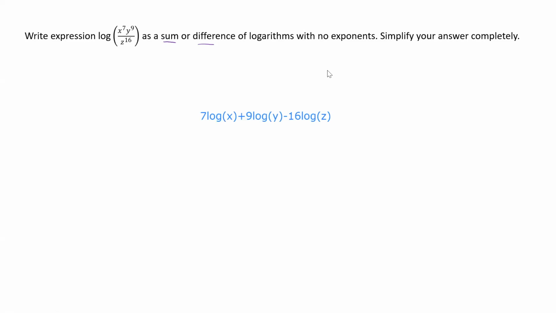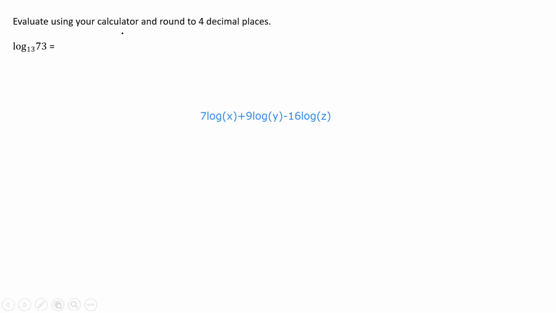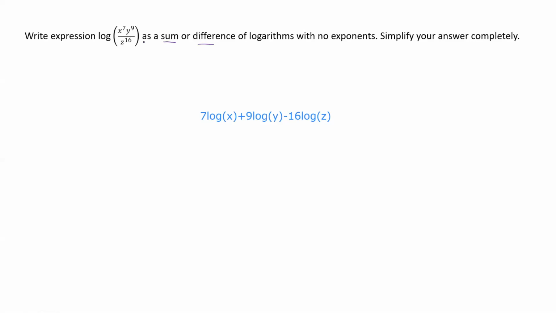All right, that looks right. So with this, when you have the product, you're going to break it apart into adding. Initially we're going to have log of x to the 7th plus log of y to the 9th.